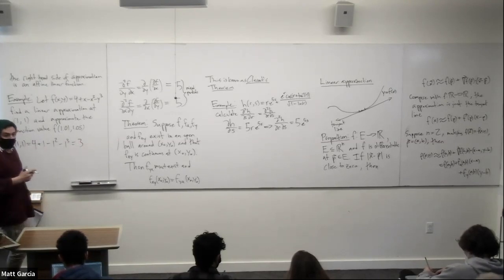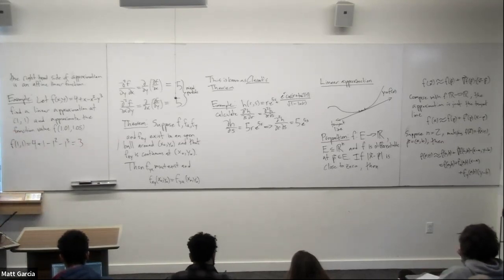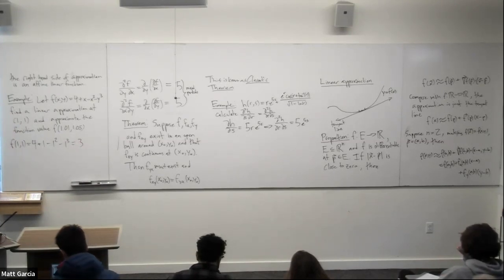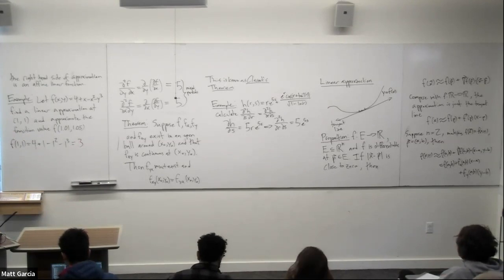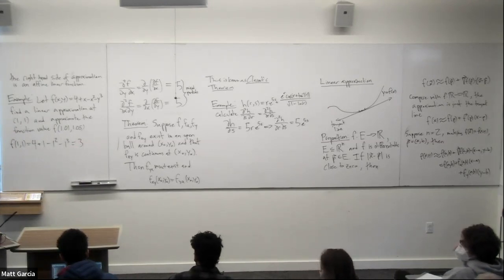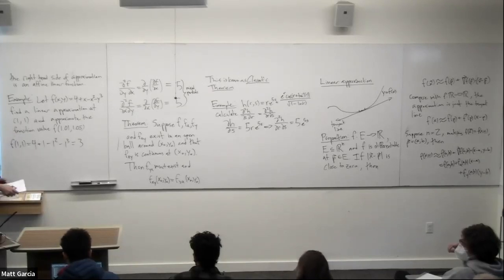Okay, what else do we need to know? Yeah, I'll need to calculate the partial derivatives and then evaluate those partial derivatives at the point that I'm interested in. Yeah, good.